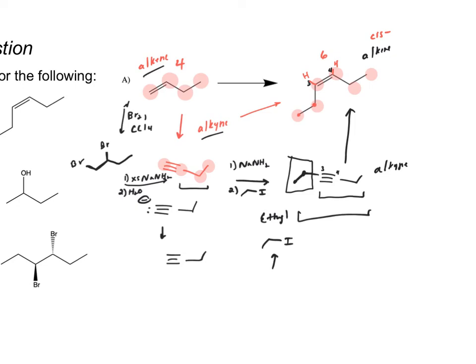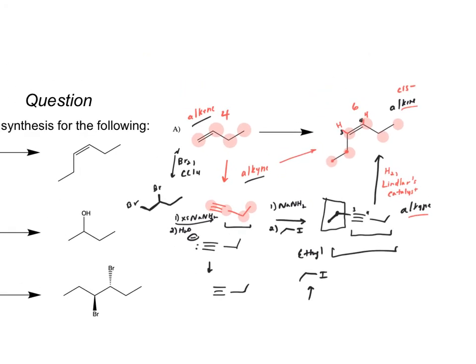So there are 2 reactions that are going to take an alkyne to make an alkene. Only one of them is going to produce the cis alkene, and that one specifically is hydrogen in the presence of a poison catalyst, which is Lindlar's catalyst. Let me see if I can spell that. Catalyst.